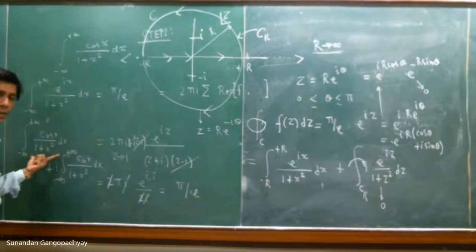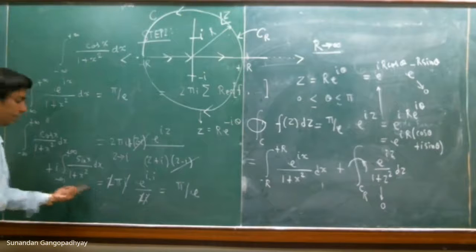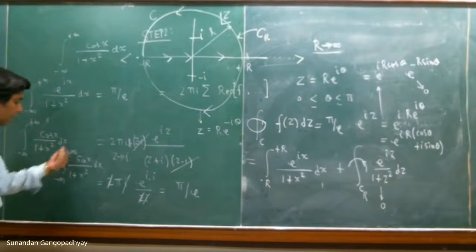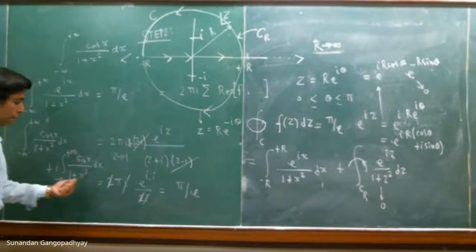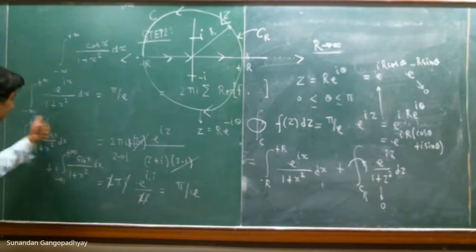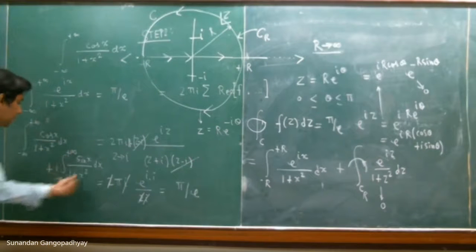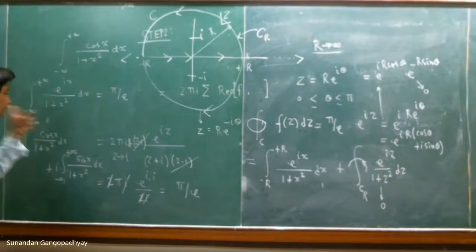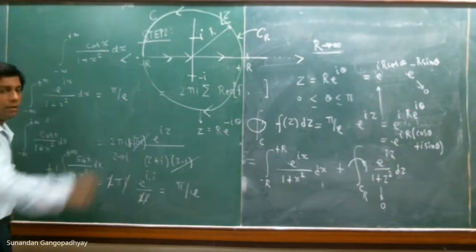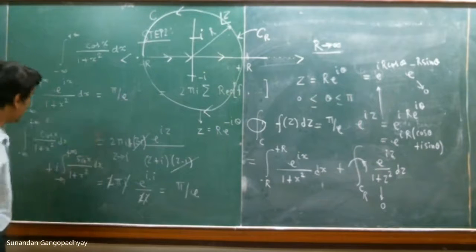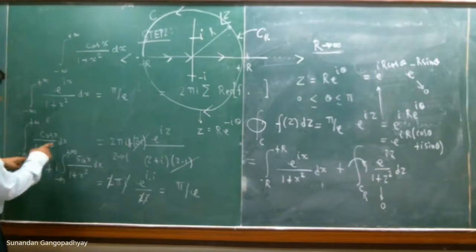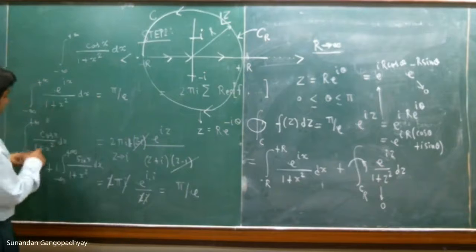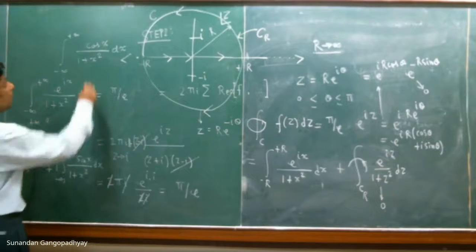So this is the real part and this is the imaginary part, because we have an i sitting in front, and this is a real integral. You have only a real quantity sitting on the right hand side, and therefore, just equating the real and the imaginary parts, you can see that the cosine integral is pi by e.